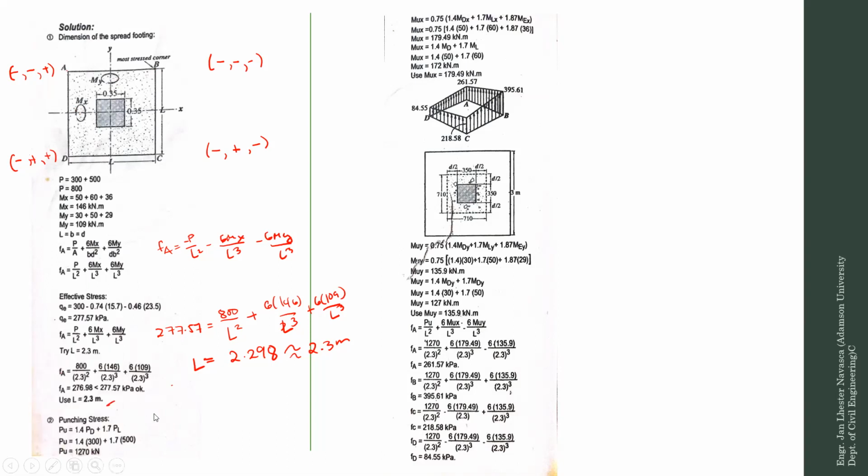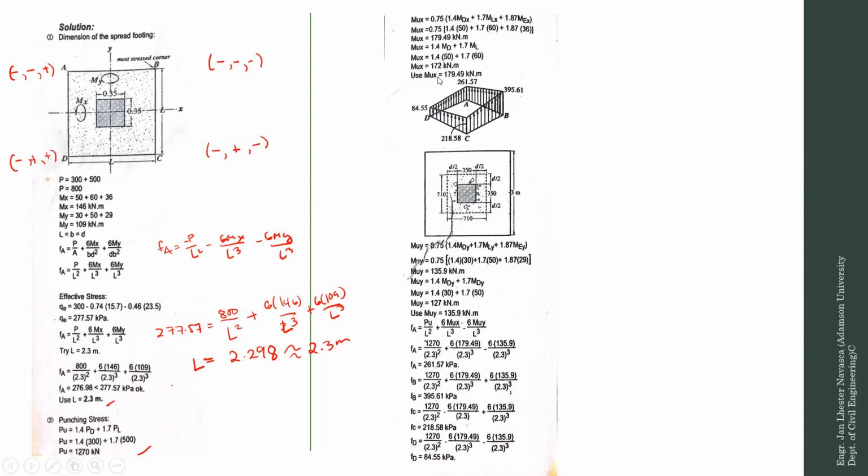Okay, so next, what is the punching shear stress? Just like what we did in single axis bending, we need to determine yung kanilang actual soil pressure, and this time you need to use your factor or load factors. Okay, load combination. So the load combination is 1.4 dead load, 1.7 live load. So the P sub U is 1270 kilonewton.